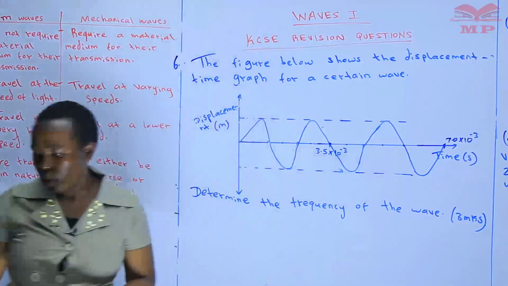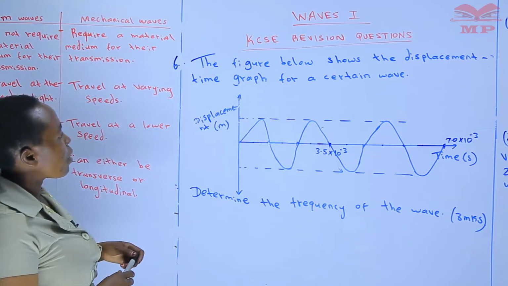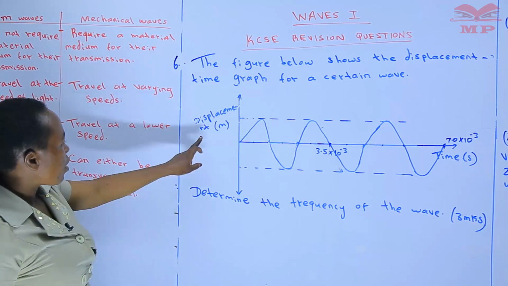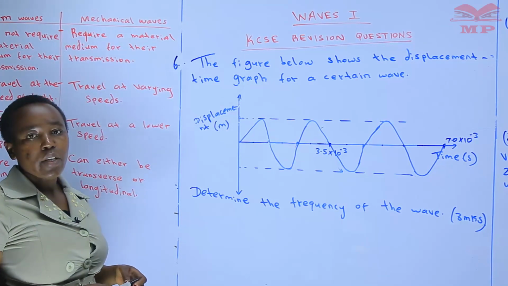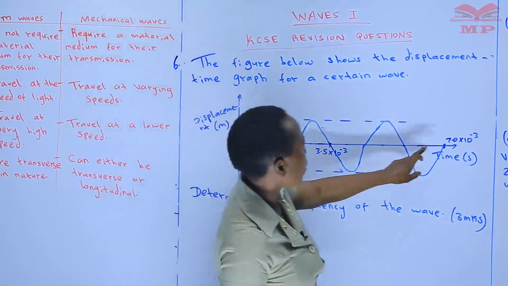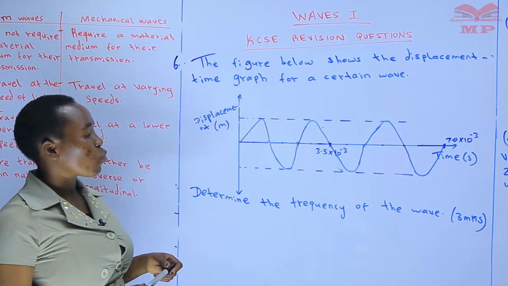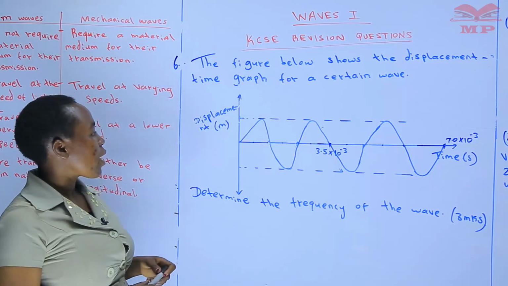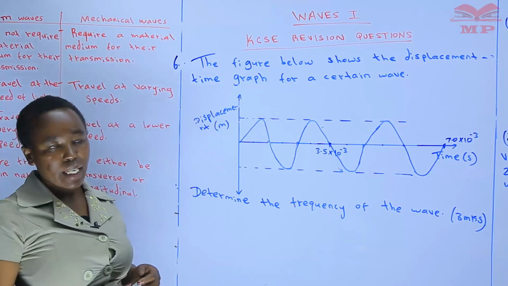So here is the question. The figure below shows the displacement time graph for a certain wave. As we can see, we are told to determine the frequency of the wave. And we have been given time at this point and also at the other point. And we know that frequency refers to the number of oscillations in 1 second.